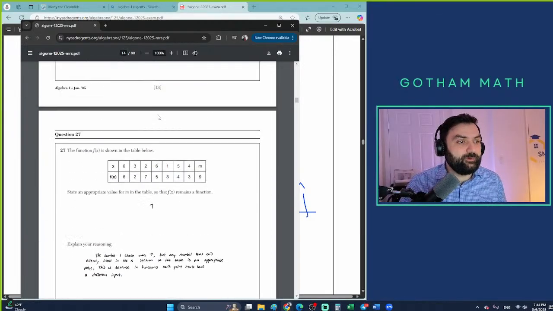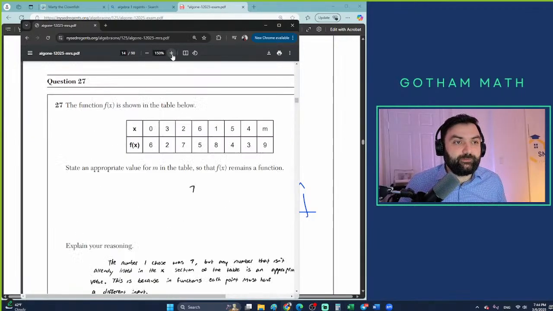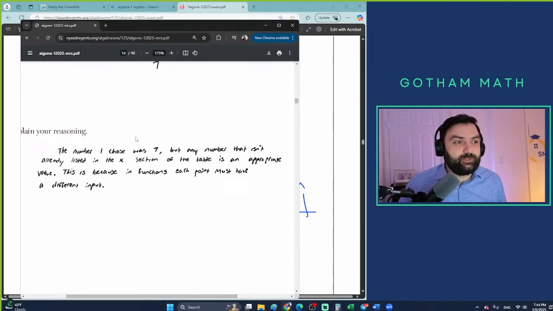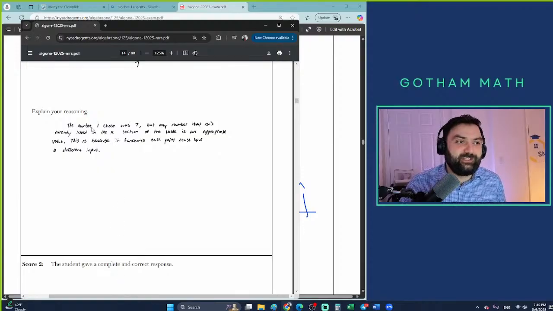So full credit would be 7. Like I said, 7 would be an appropriate answer. And why? The number I chose was 7, but any number that isn't already listed in the x section on the table is appropriate.